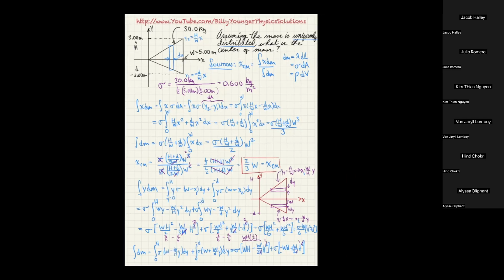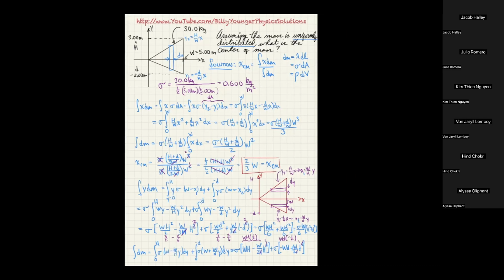And this one's going to be wd. So I'll write wd times, now in this case, I've got 1/2 minus 1. So this would be a negative 1/2, like that.